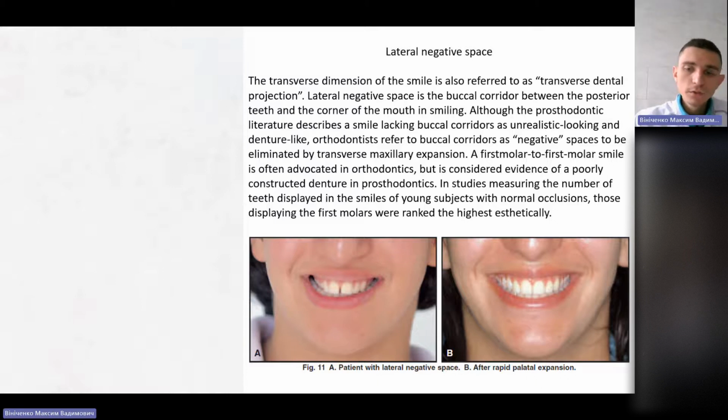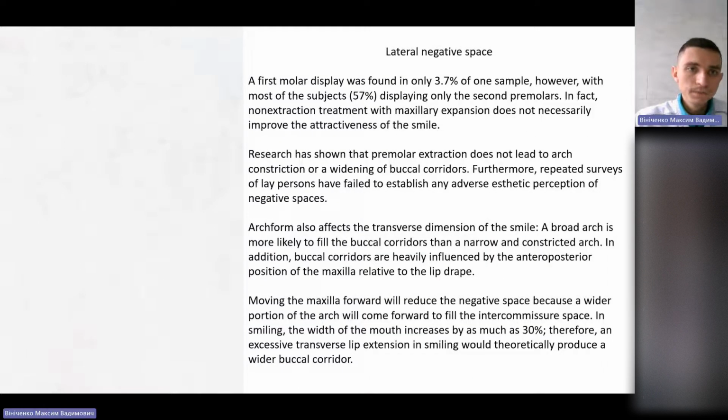And if we talk about the stable result, we do not overexpand the maxillary arch. So, for example, if the patient has a very narrow maxillary arch, even if we make it using the bone expansion, MSE, or surgically assisted rapid palatal expansion, our result would not be stable. So we need to understand this.